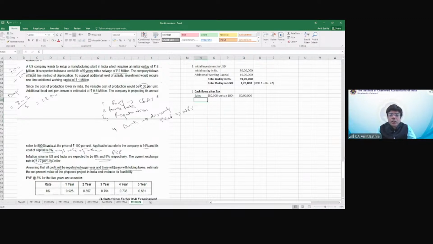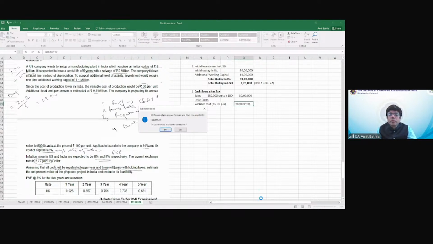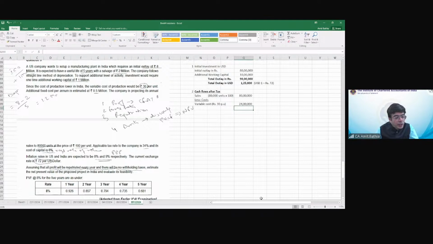80,000 into 100. All right, less the costs which are there. There is variable cost of production, at rupees 30 per unit. So we'll do 80,000 into 30. So I get 24 lakhs as a cost.